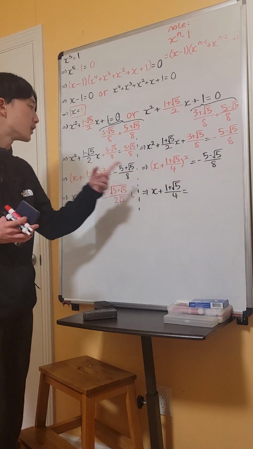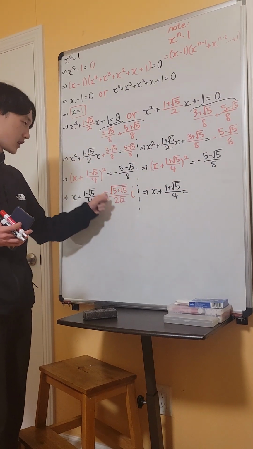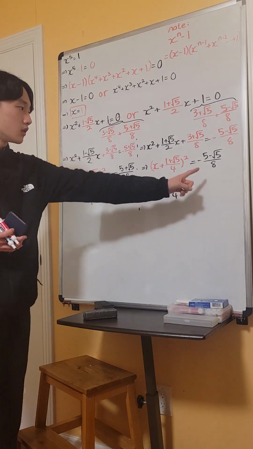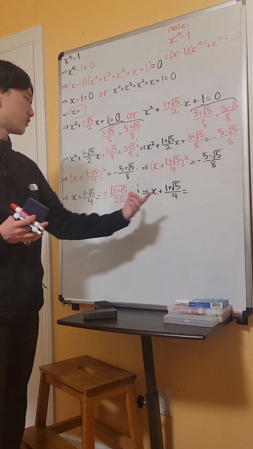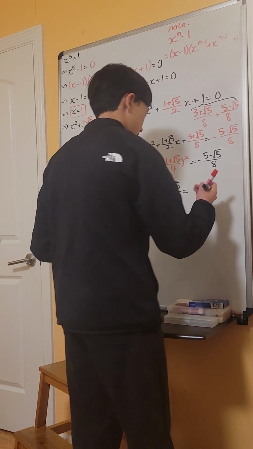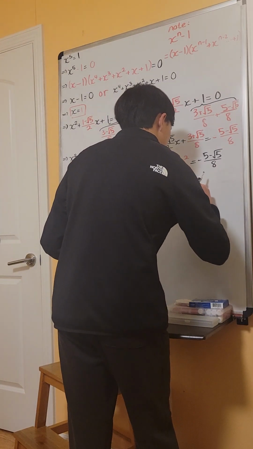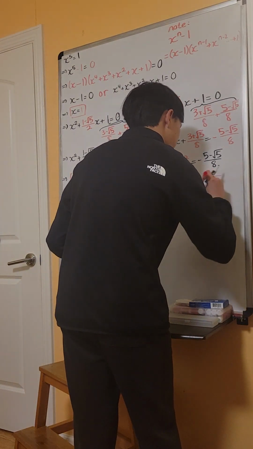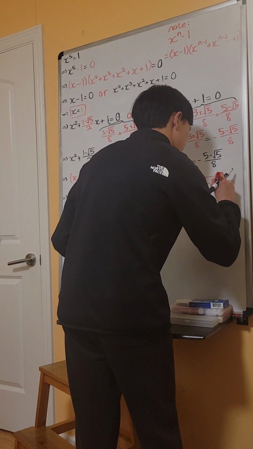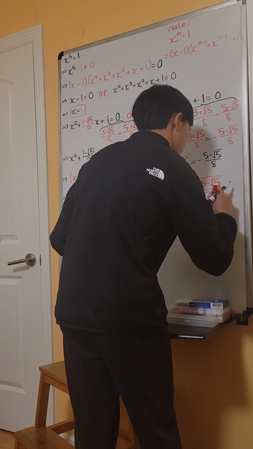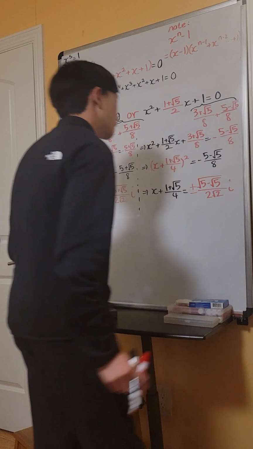Since the 8 is the same, the negative is still on the outside. We're still taking a square root of it, so let's just read this as root 5 minus root 5. It's the same exact thing as the left-hand side right here. So positive, negative, root of 5 minus root 5 over 2 root 2 i.